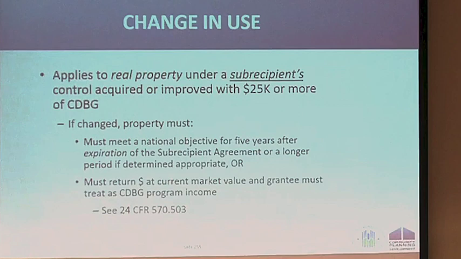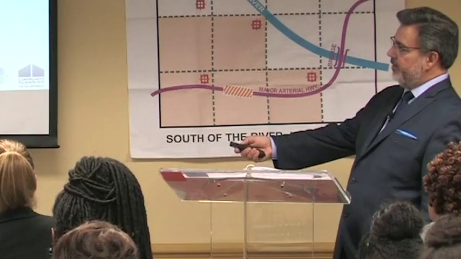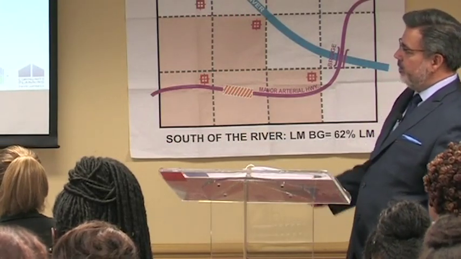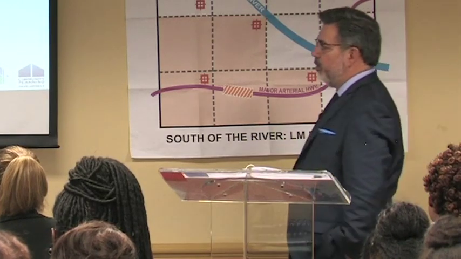Change in use. We talked a little bit about that in a prior slide. So let's say that you fund a subrecipient for the acquisition of a building, okay? And if it was in excess of $25,000, if it is changed, let's say that they're going to sell the property or the use is going to change, it must meet a national objective for 5 years after the expiration of the subrecipient agreement or a longer period if determined appropriate.